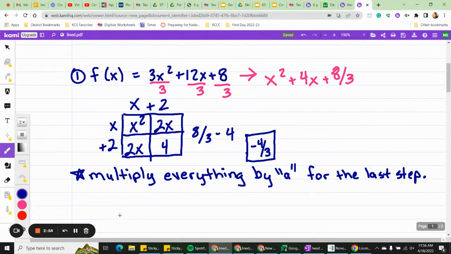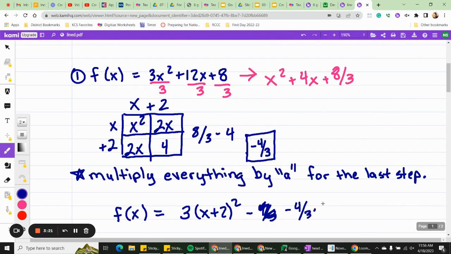So normally what we would do is write our new equation, f of x equals, we know x plus 2 in parentheses, squared goes there. But now I'm going to take that number that I took out in the beginning. I'm going to multiply everything by 3. So I'm going to put 3 in front of that parentheses right there. And then instead of writing negative 4/3, I want to do negative 4/3 times 3.